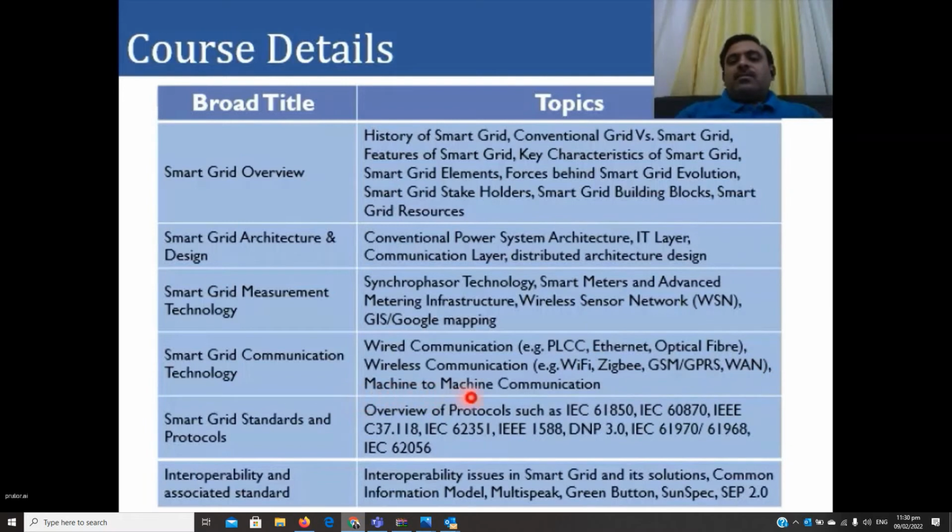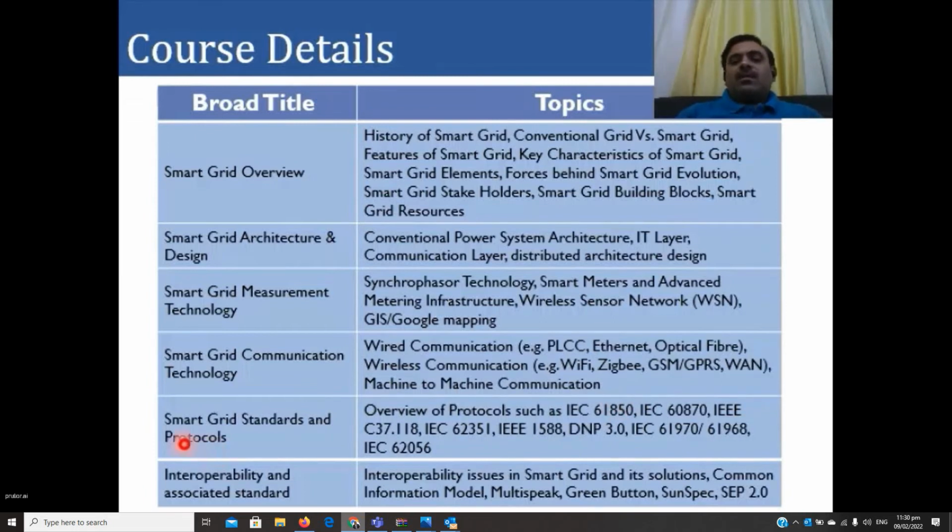We'll also discuss machine to machine communication because in the power system network, we acquire the data through a machine and then the machine sends data to another machine for processing of the data. So machine to machine communication plays a very important role here.